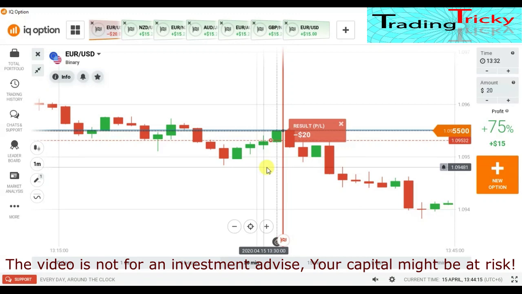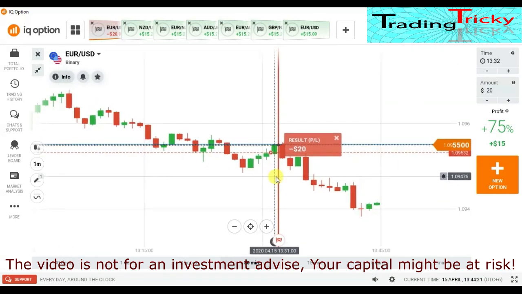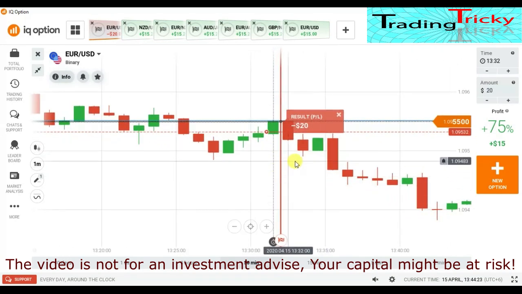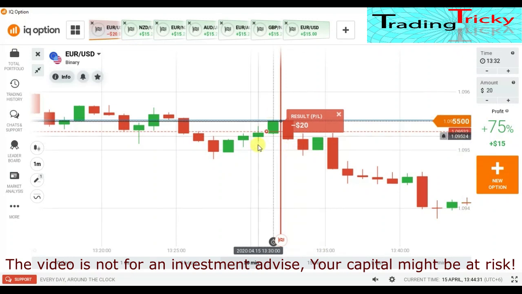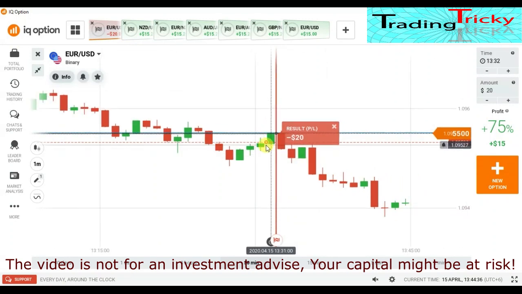If you wait the whole day, maybe you can place 2, 3, 4, 5 trades. So it's not good in this way. Maybe out of 10 trades, one or two you can lose. That is common, and you don't need to worry. If you lost this trade, maybe next time you will have a chance to recover.